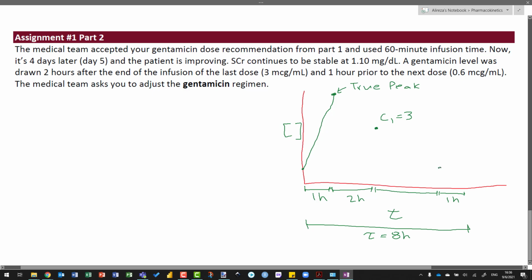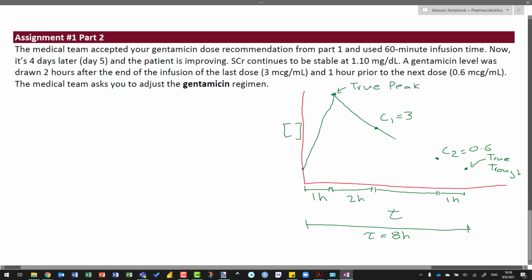And 1 hour before the next dose, we basically got a level. So when it's time for the next dose, which is at the end of your tau, this is your true trough. And 1 hour before that, we got a level, which we'll call concentration 2, which was 0.6.